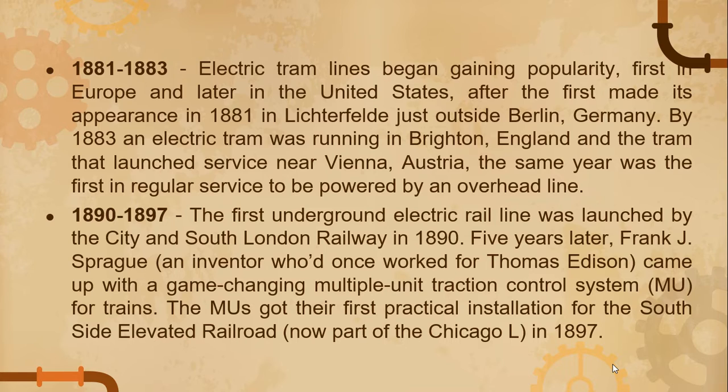And by 1890 to 1897, the first underground electric line was launched by the City and South London Railway in 1890.